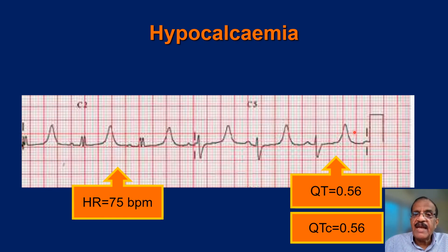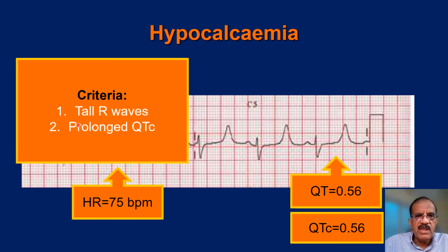This patient had prominent T wave, prolonged QT interval, QTc, and I think the diagnosis of hypocalcaemia should be made very confidently. So these are the criteria: tall T waves and prolonged QTc. You can confuse hypocalcaemia with hyperkalaemia, but changes other than T wave should help.